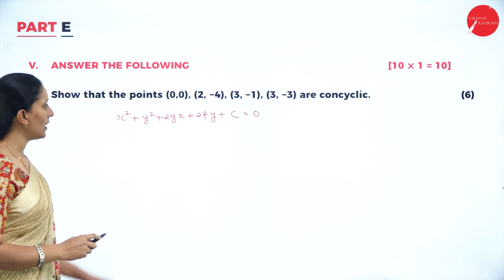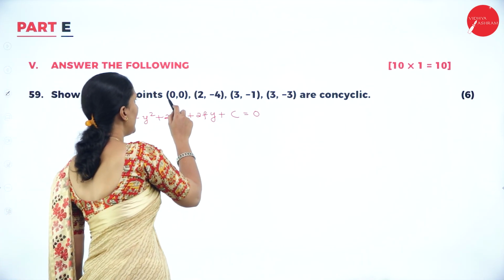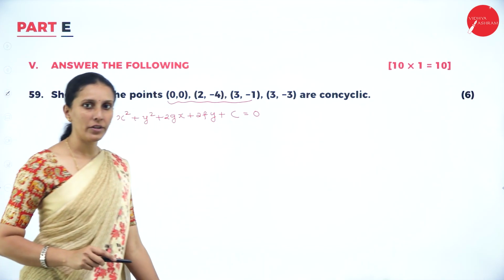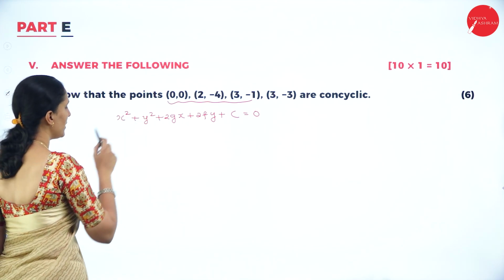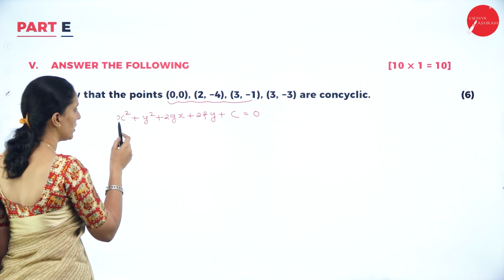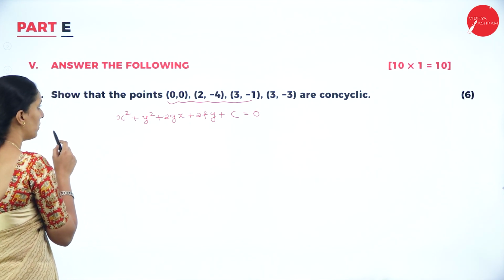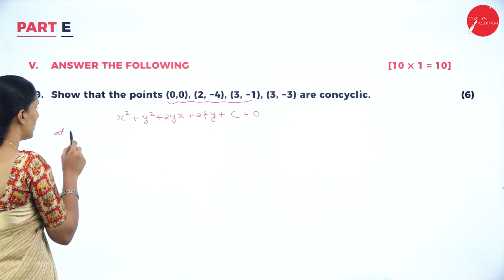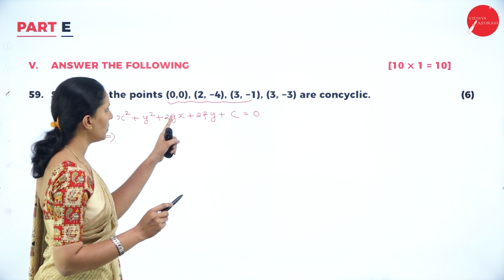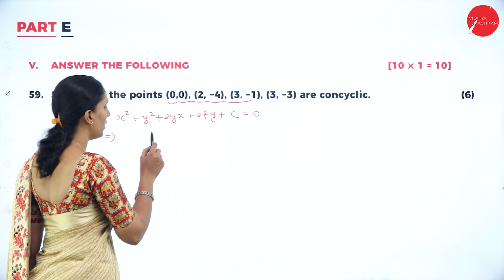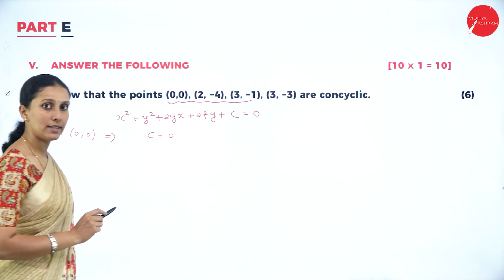Now, since the circle is passing through these points, let us consider these 3 points are the solutions for the circle. Then, from these points, we will get the equations. Put 0, 0: the equation of the circle becomes 0, which will give you the constant c as 0.